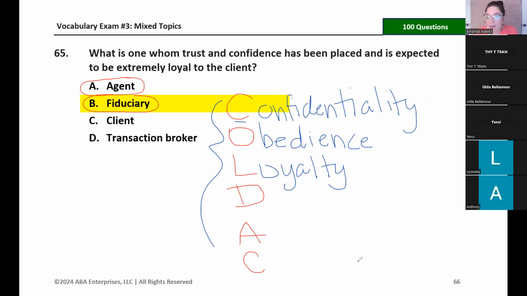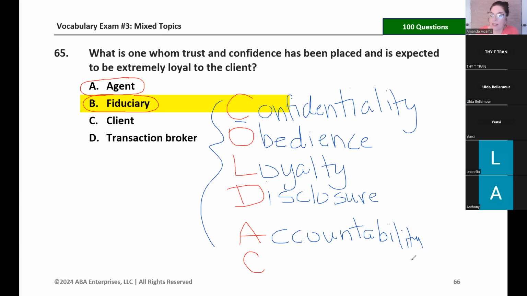What is D? Disclosure. That's right. We have to tell them things that they need to know, even if it might kill the deal. What is A? Accountability. So we've got to take care with everything that they give us. And this is especially important right now. We live in a world of identity theft, right?